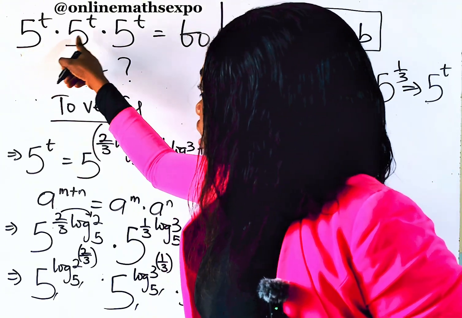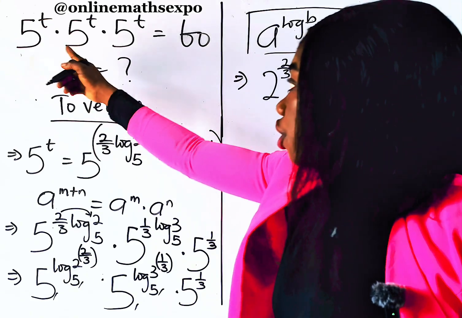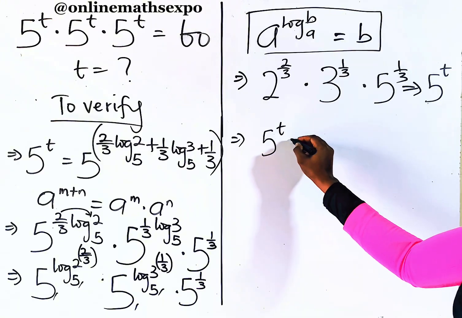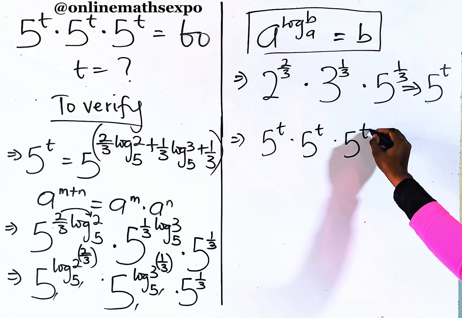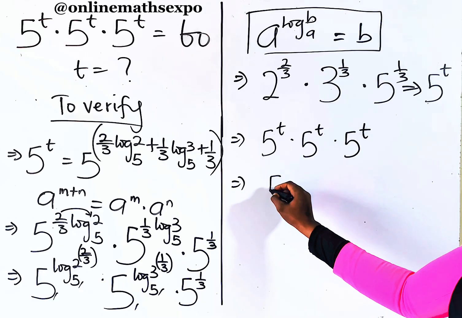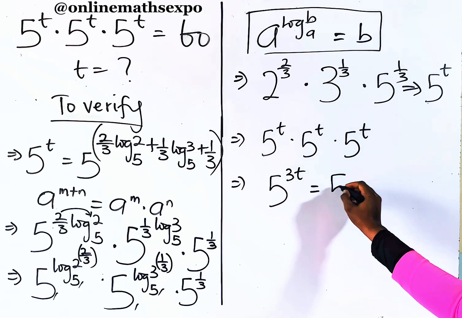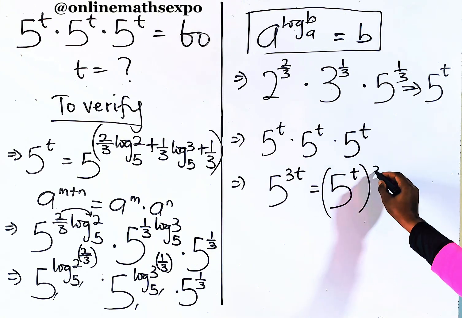But you see that these are repeated. And to return this for the 3, remember that 5 to the power of t multiplied by 5 to the power of t multiplied by this is the same as 5 to the power of 3t, which we said is 5 to the power of t raised to the power of 3.